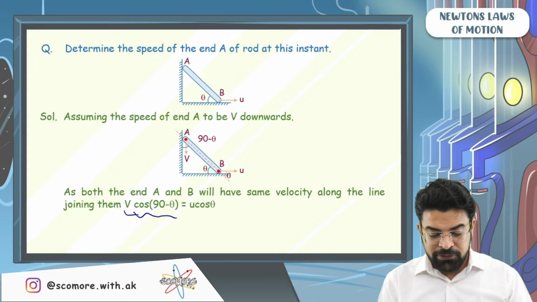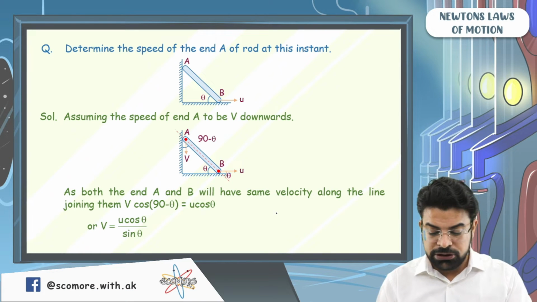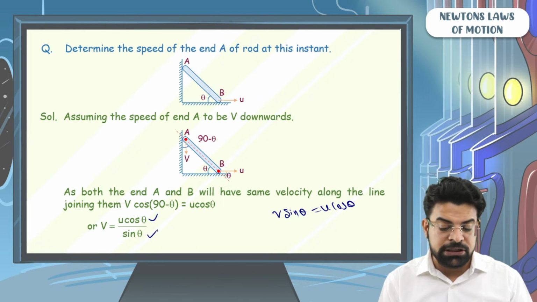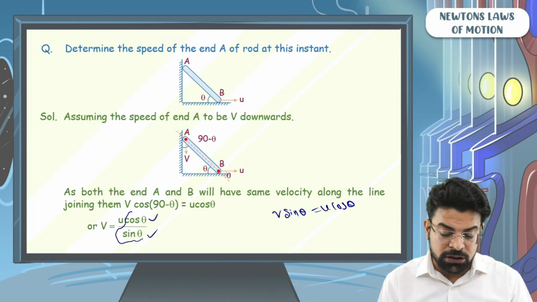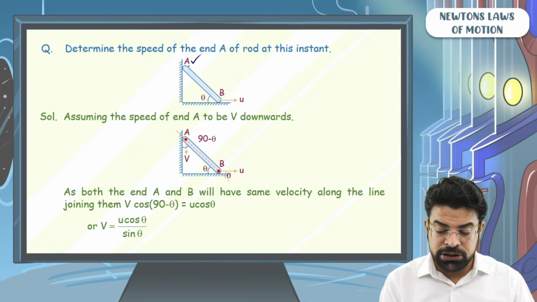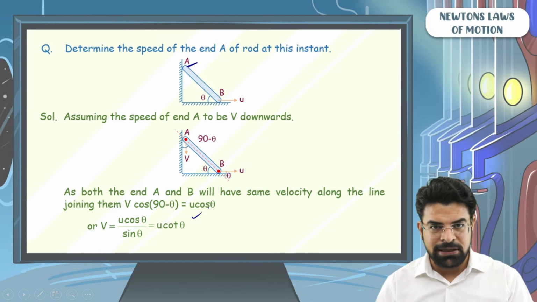So we get v sin theta equals u cos theta. And once you know that, you can write v as u cos theta by sin theta. You can write this cos theta by sin theta as cot theta. So you get the velocity of terminal A to be equal to u cot theta. Easy. Let's see the next one.